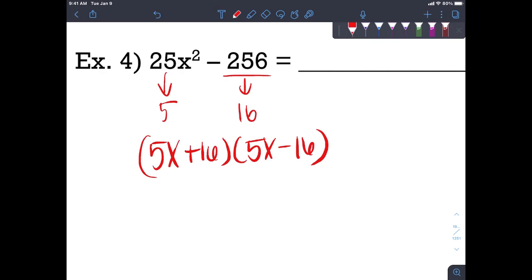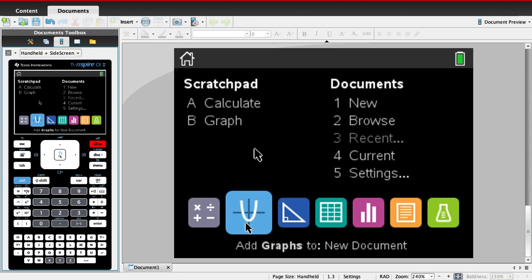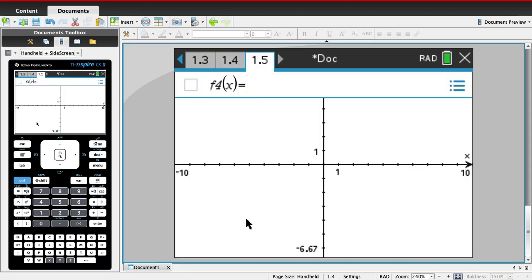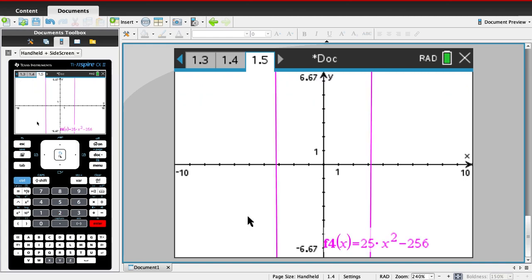But let's go ahead and verify this utilizing my calculator. So I'll go ahead and start a new graphing page. Here's what my original graph should look like, with answers located at both positive and negative 16 over 5.